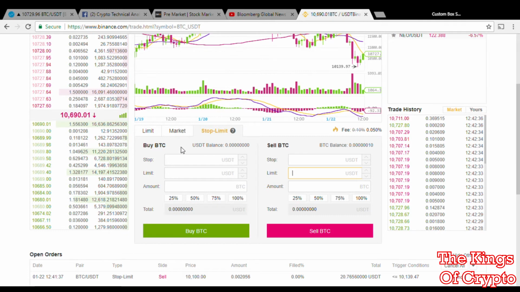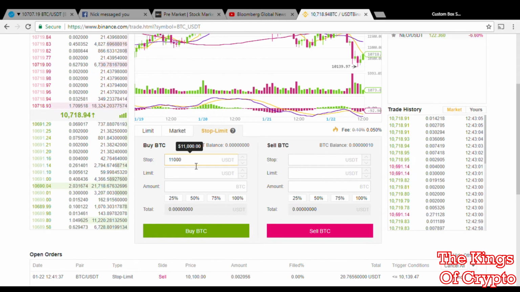Sometimes we will say if Bitcoin comes above 11,000, we want to buy. So the way you can make sure that you get in on this action is that you put in a stop at 11,000. I know the terminology of a stop buy can be kind of confusing, but I will try to break it down as best I can.